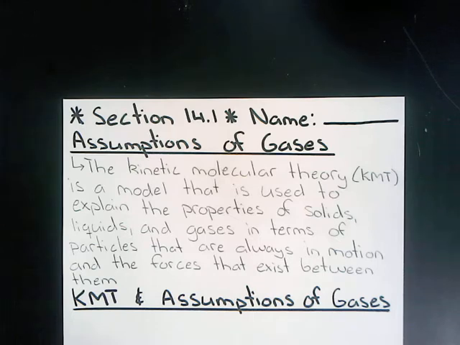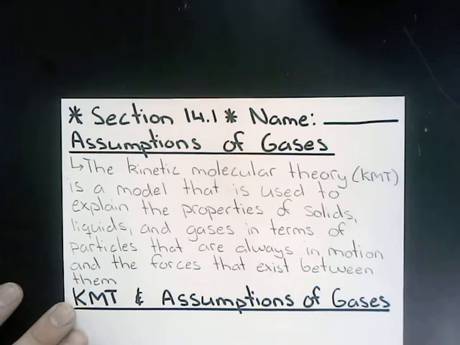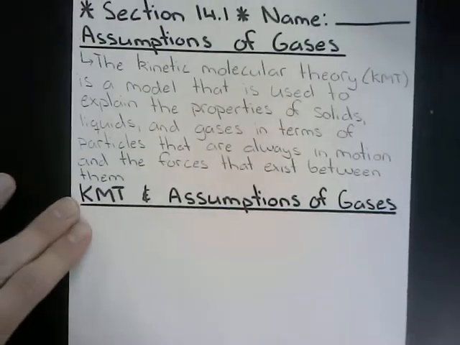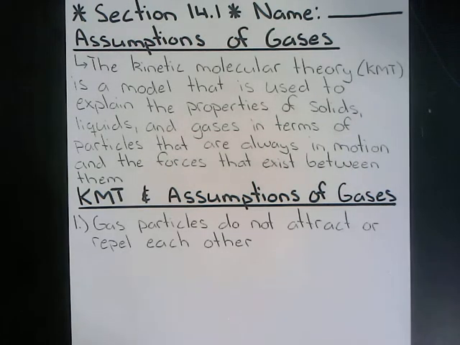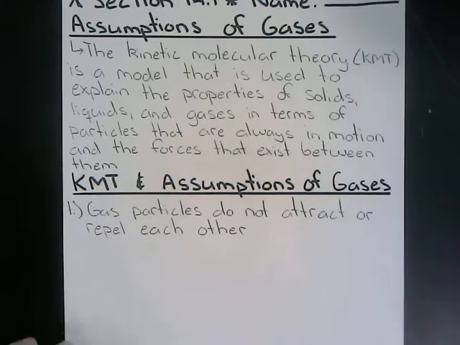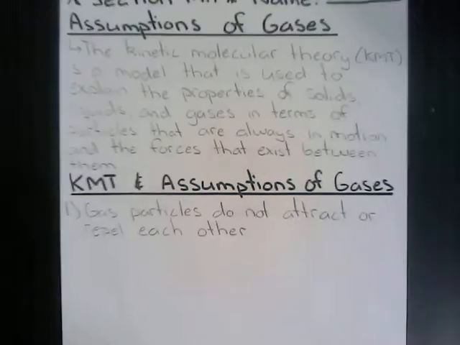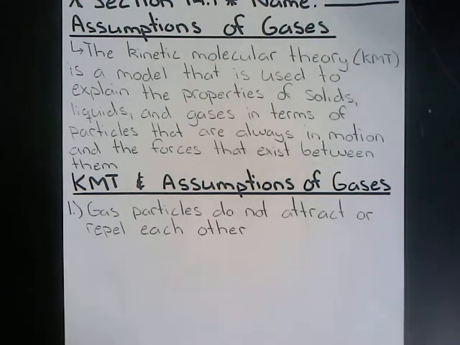Now, with the kinetic molecular theory, or again, the KMT, we make 5 assumptions. So I'm going to go over a couple on this page, and then we'll continue on the next page of notes. But the first assumption is that gas particles do not attract or repel each other. And so what that means is because they do not attract or repel each other, these gas particles are free to move throughout the container they are in.